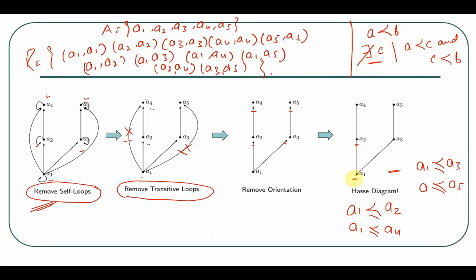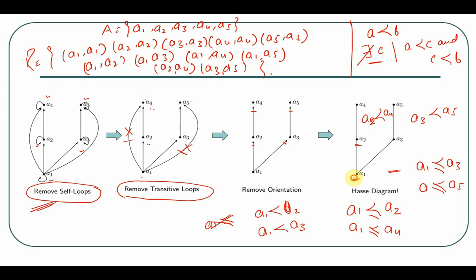So I can say that A1 and A2 are strictly related to each other. Similarly, A1 and A3 are strictly related to each other. Similarly, A3 is strictly related to A5. A2 is strictly related to A4.